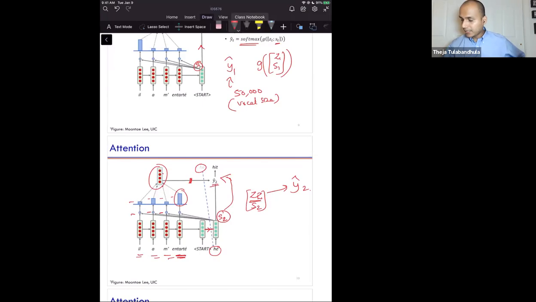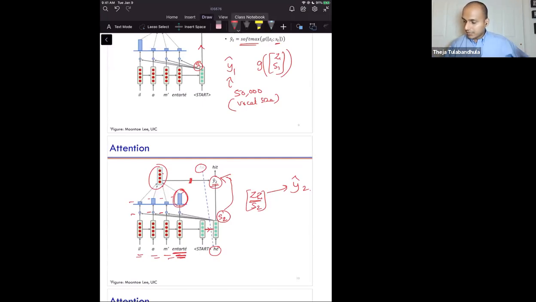For example, maybe the second word should rely on the last word seen at the input. The last word seen at the input is here, and maybe it should have a significant influence in this language pair to produce the second word. For example, you know that in some sentence constructions in different languages, the order of nouns and verbs is kind of reversed.